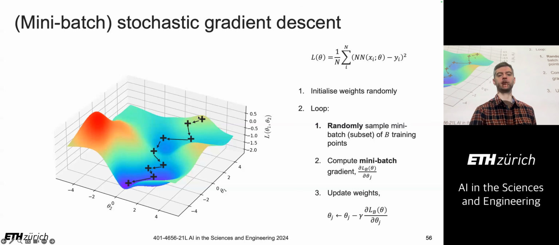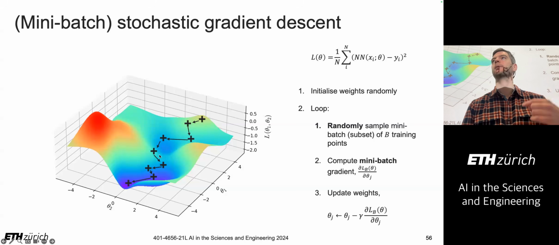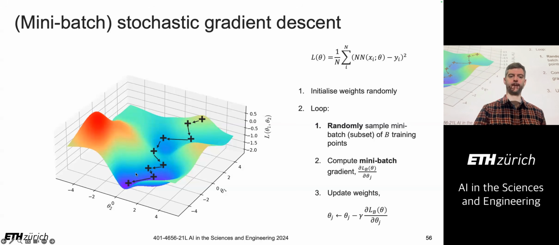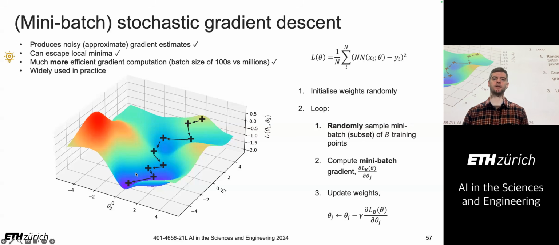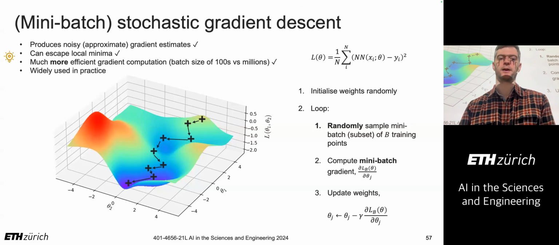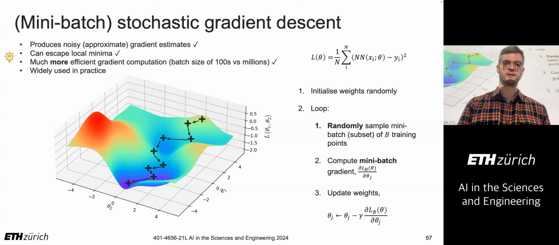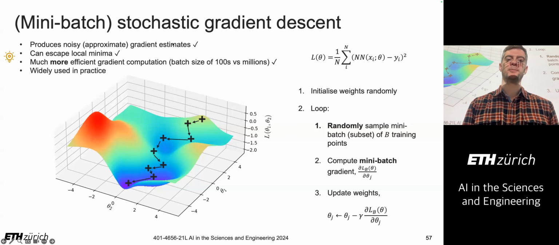And so this noisy gradient estimate helps us, again, bump around the loss function and escape local minima. And in practice, it is actually very good at getting us towards better solutions. So I really recommend this as your default choice when you're training deep neural networks. It produces noisy gradient estimates so that we can escape local minima.